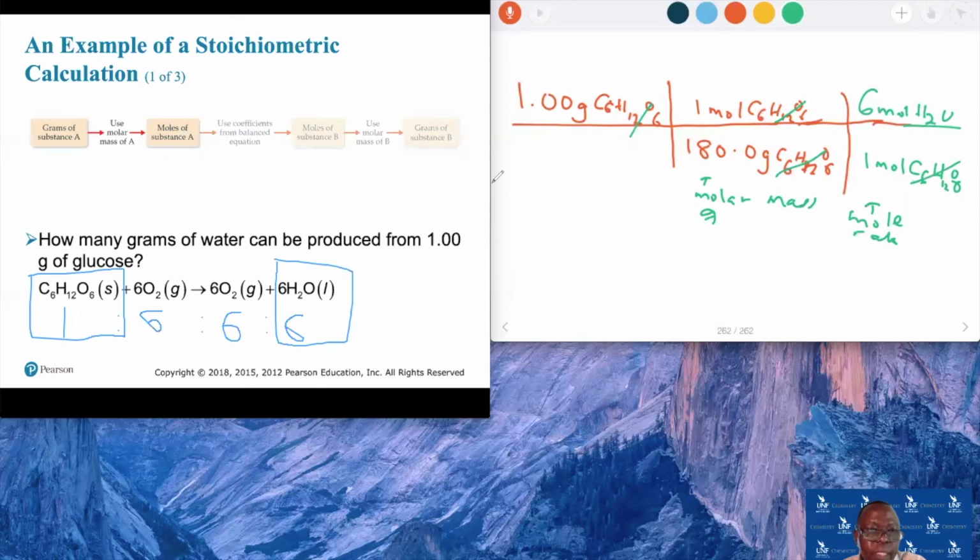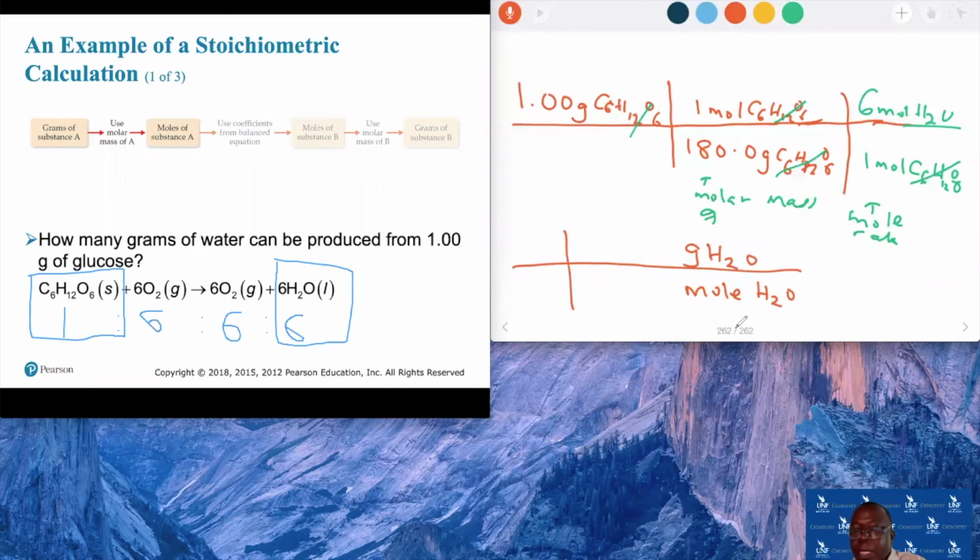But the question is, how many grams of H2O? So the last conversion factor here is, we are looking for grams of H2O, and I want to cancel moles of H2O.